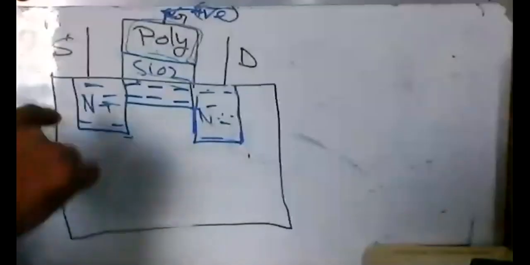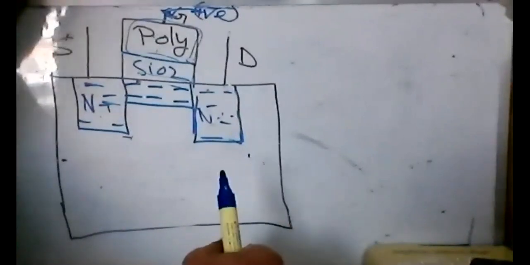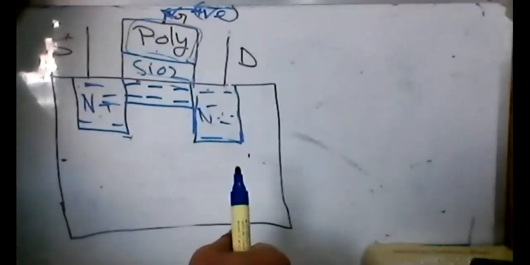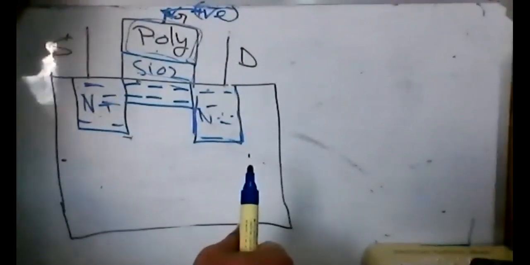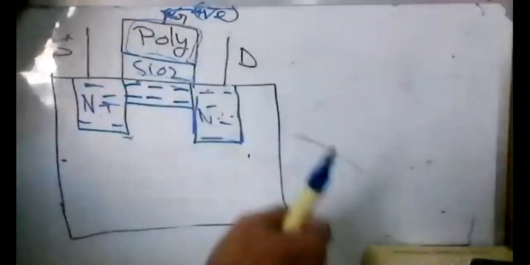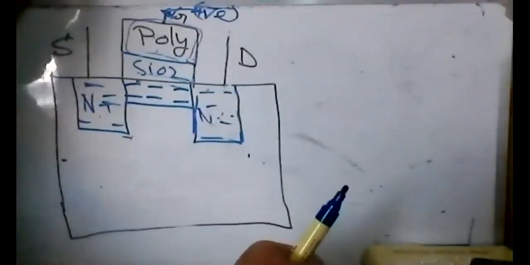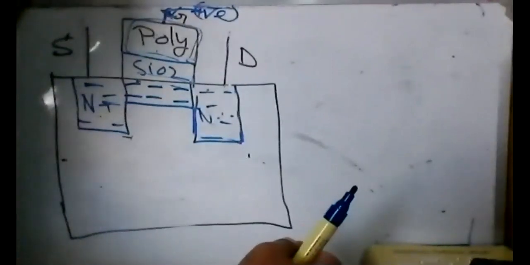We need to move these electrons from one side to the other so the current can flow. We need to flow the electron from one side to the other side, so then current will flow in the opposite direction. So how can I do that?